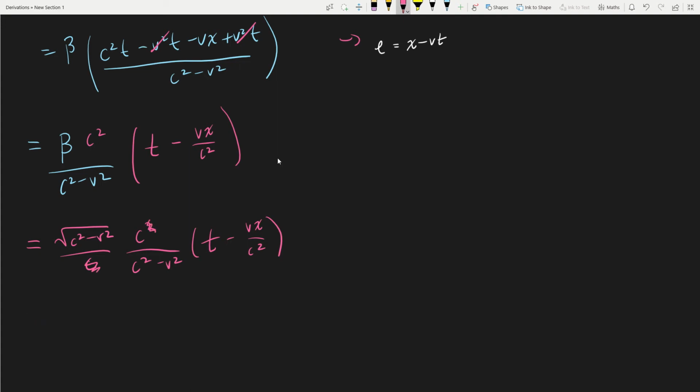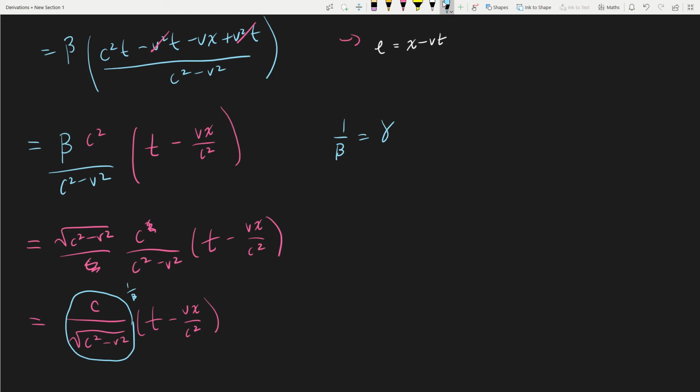The square root comes down on the bottom, so we get c over the square root of c squared minus v squared, times t minus vx over c squared. Okay, and what is this thing here? Well, it's easy to see that that's equal to 1 over beta. And 1 over beta, as we already defined it, is gamma.